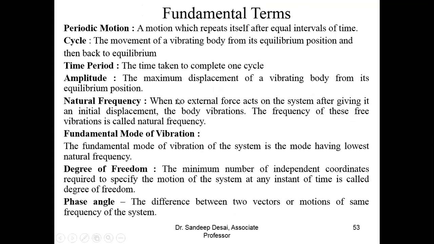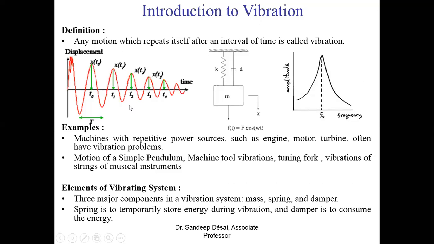Time period. Now see, time period: time taken to complete one cycle. If cycle is understood, then T0 is time for this cycle, T1 is time for this cycle. So what is the time? From this point to this point. Time taken. What is time period?